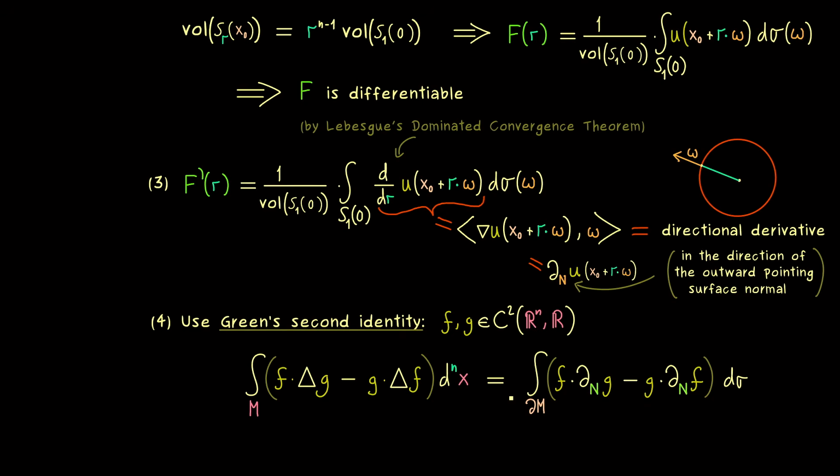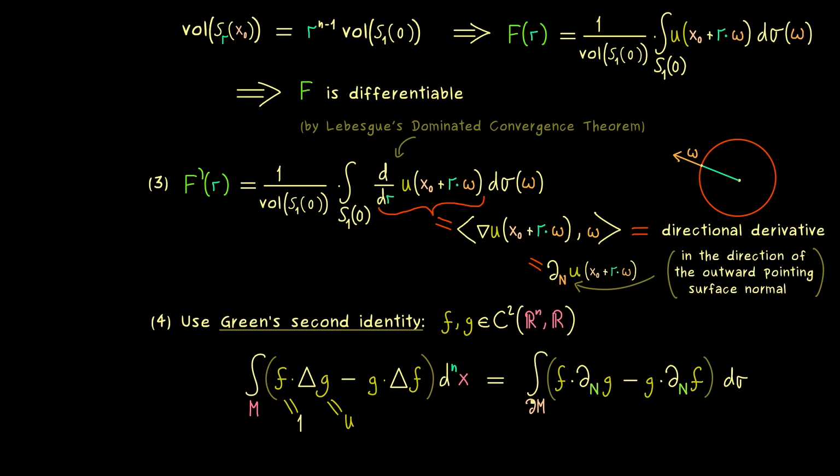And indeed, here we would use our ball, where the boundary is given by the sphere. And obviously instead of g, we would use our harmonic function u, and instead of f, we can use the constant 1. Because then you see on the right hand side, we have exactly the combination we want, namely just the normal derivative for u.